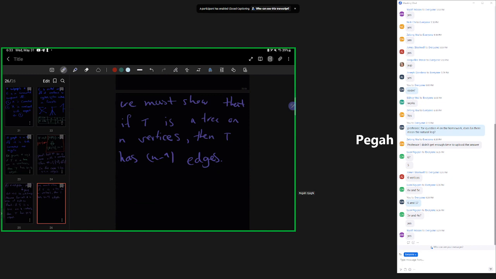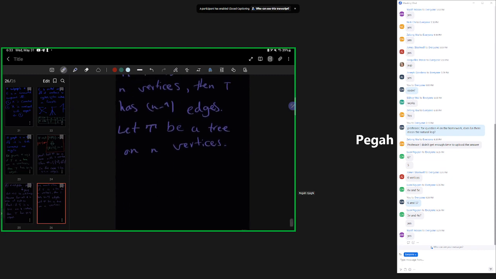Okay, let's prove it. How should we do that? Let T be a tree on n vertices. I know this is gonna hold. I need to show the number of edges. Because I know it's a tree, I pick any edge.